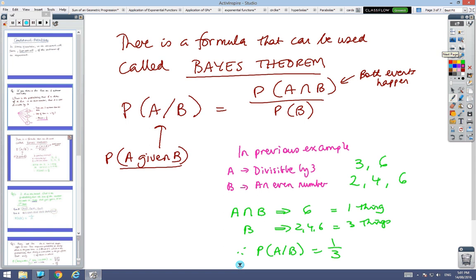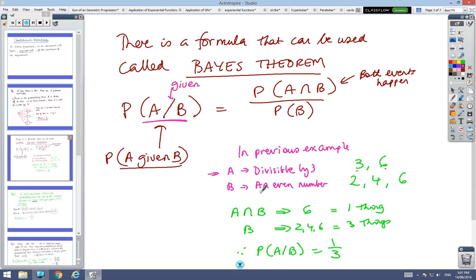There's a formula that can be used to calculate conditional probabilities, and what we have is the probability of A given B. This stroke here means given. It's not a fraction line. So what's the probability of A given B happens? The answer is the intersection of those two events divided by the probability of B. In the previous example, A was divisible by 3, which is a 3 and a 6.